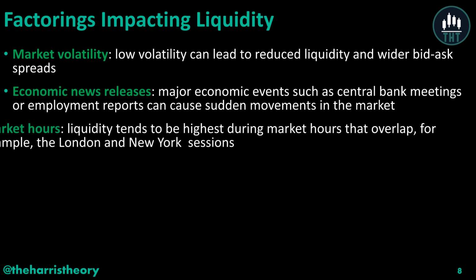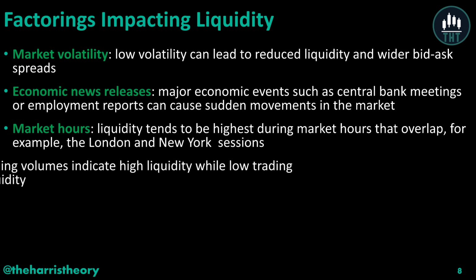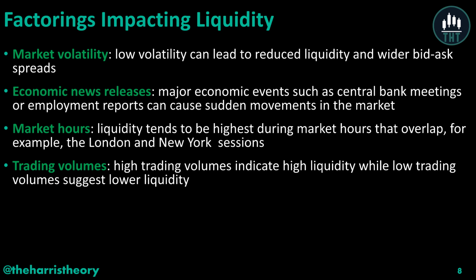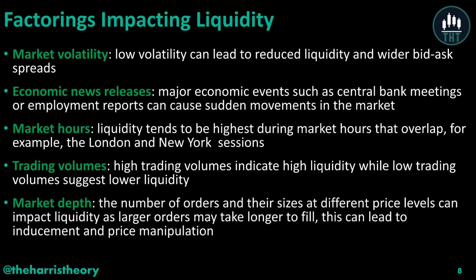Liquidity tends to be highest during the market hours that overlap, for example, the London and New York sessions. Trading volumes. High trading volumes indicate high liquidity, while low trading volumes suggest lower liquidity. Market depth. The number of orders and their sizes at different price levels can impact liquidity, as larger orders may take longer to fill. This can lead to inducement and price manipulation.